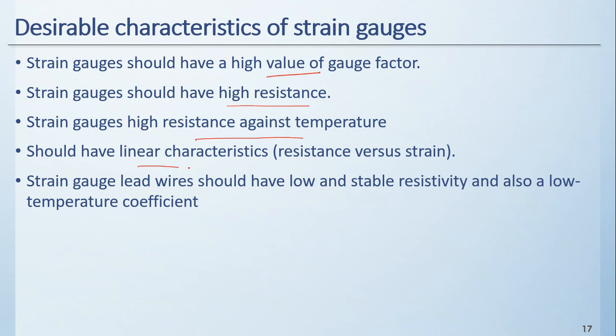Now, the variation must be linear. Non-linearity must not be there, because we are expecting a linear variation of resistance with respect to the deformation. Also, the gauge wire should have low and stable resistivity, and a low temperature coefficient.